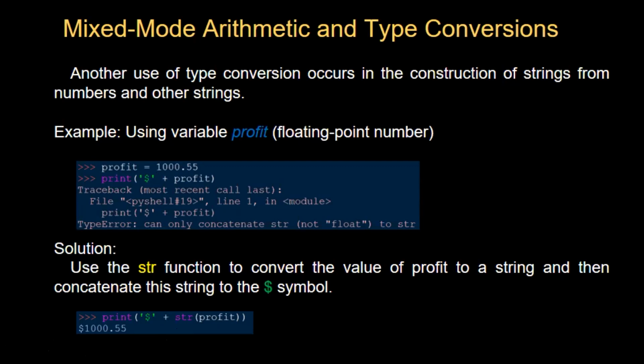Okay, magkaiba yung string sa number. So that's why we need to convert the floating point into a string. So paano siya mako-convert? So you need to use the string function and then ilalagay mo sa loob ng function na to yung gusto mong i-convert. For this case, we have the profit, the variable name, in which has a value of 1,000.55. Ayan. So ito yung correct code.